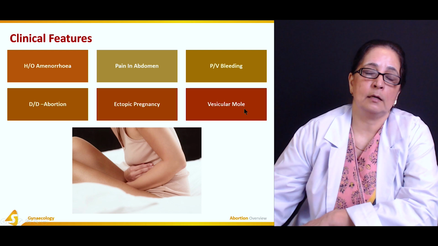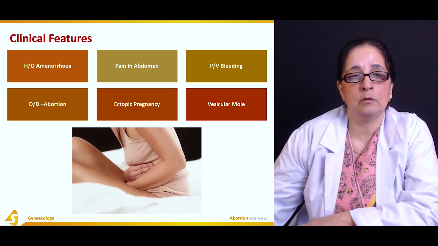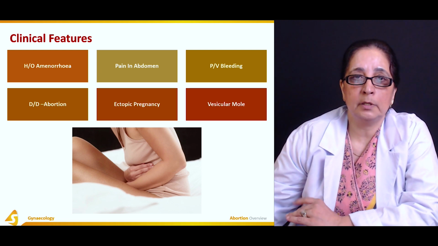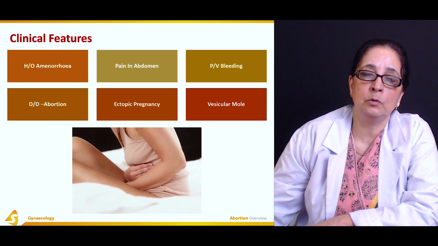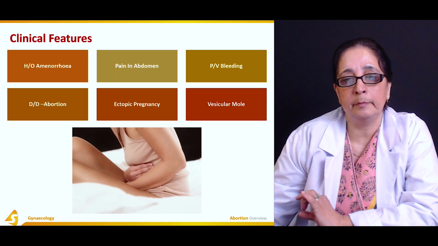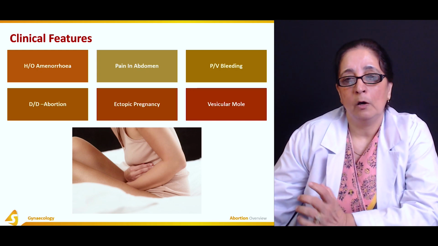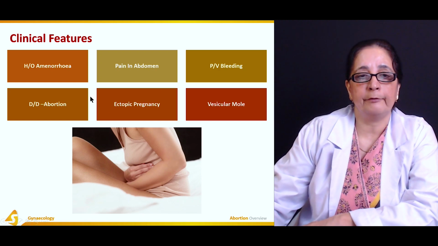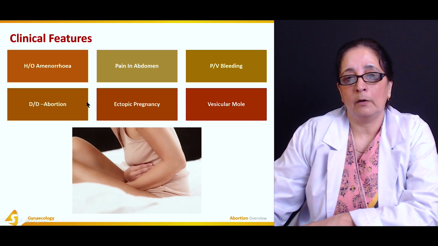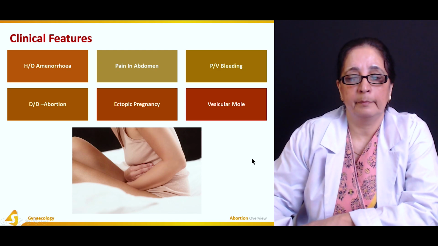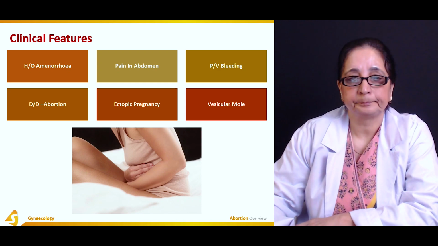Then different tests are done to find out whether it was a normal uterine pregnancy leading to abortion, or an ectopic pregnancy that leads to bleeding, pain and ultimately miscarriage in the first trimester, or a molar pregnancy. These three are the very common differential diagnoses of pain in the abdomen and bleeding in early pregnancy or with an early positive pregnancy test.